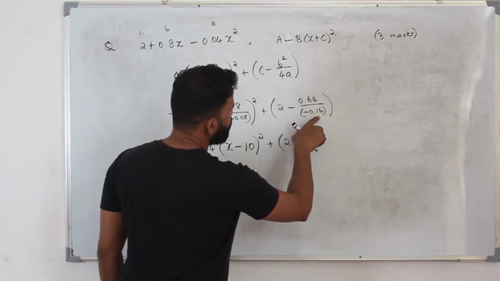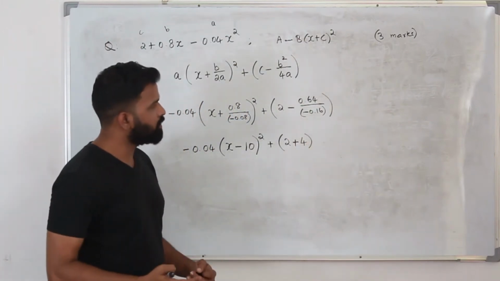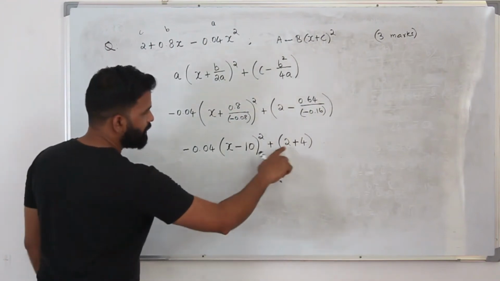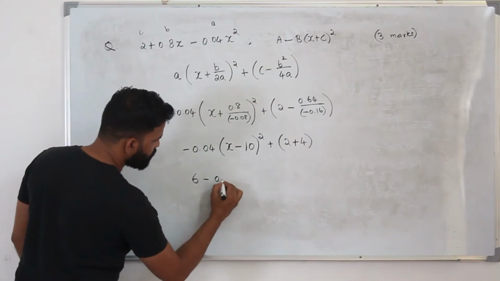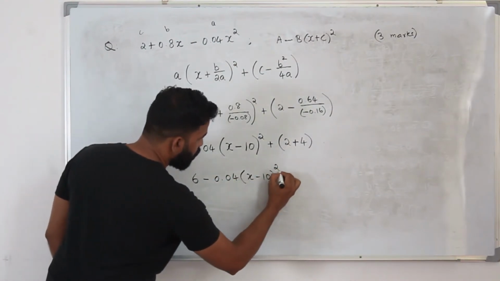When you divide them, you get a 4. 4 times 0.16 is 0.64. It will be 6: 2 plus 4 is 6. I'm going to write 6 here first. 6 minus 0.04 into (x minus 10) whole square.